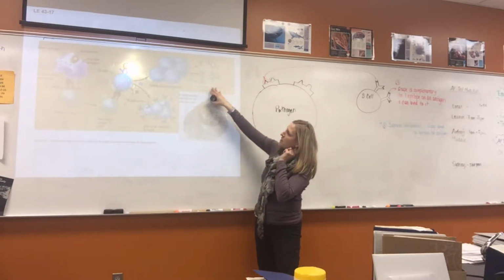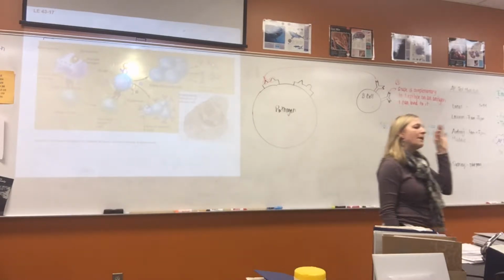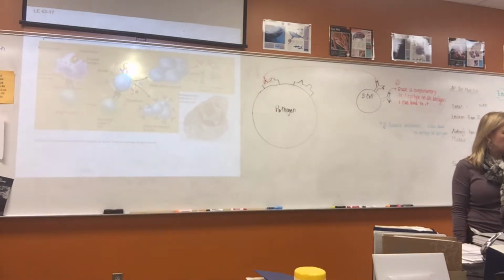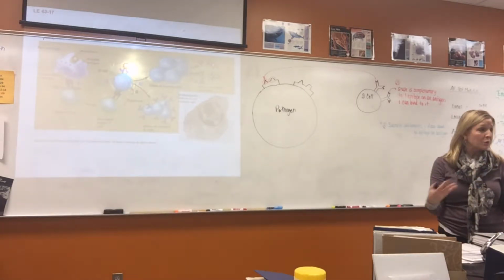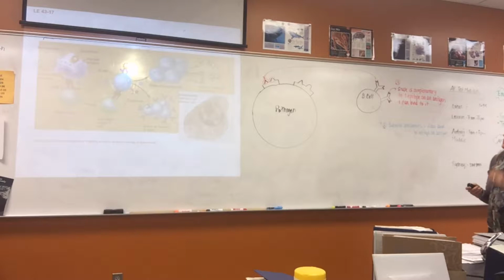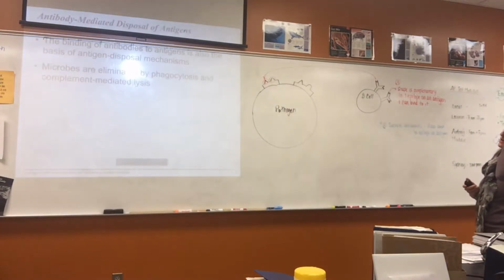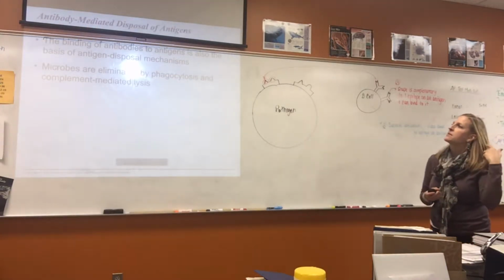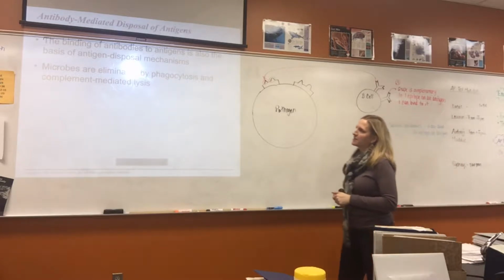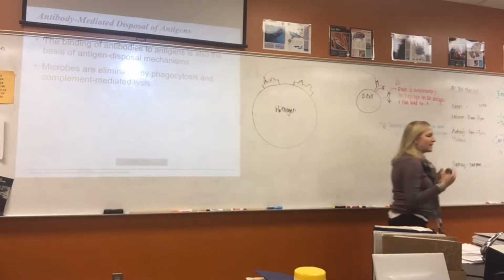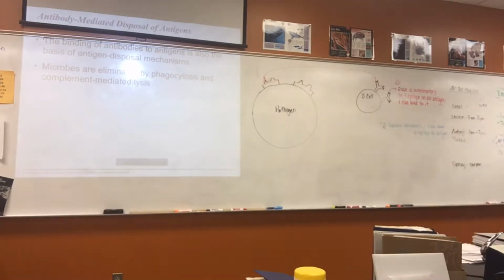So the last little bit of this section is about what antibodies actually do to help with getting rid of your antigen. That we haven't really talked about here. So, antibody-mediated disposal of antigens. Antibody-mediated means that antibodies are going to help with this, and disposal means get rid of.